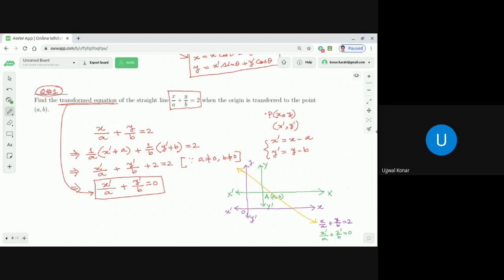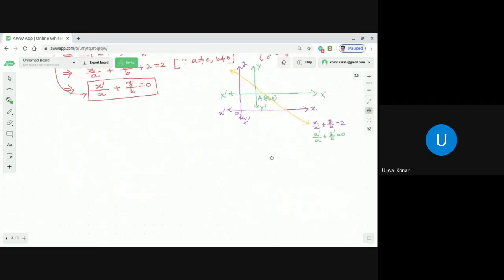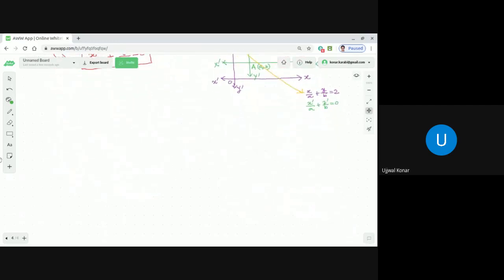Now, let us solve a problem related to the rotation of the coordinate axes. What we just discussed was about the translation. Now, let's solve a problem with respect to the rotation.